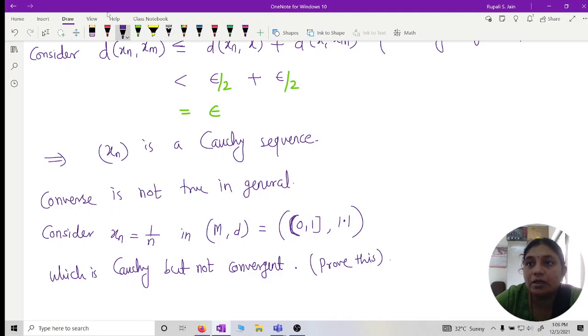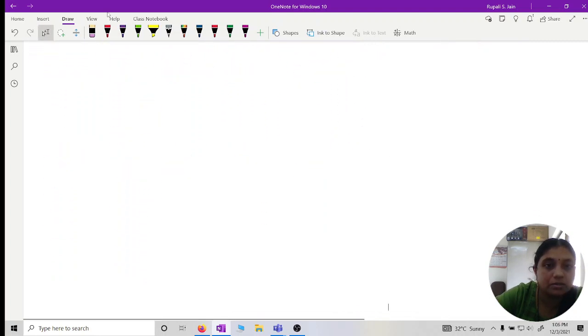So we will have a next theorem, or we will have a remark first, then we will go to the next theorem.